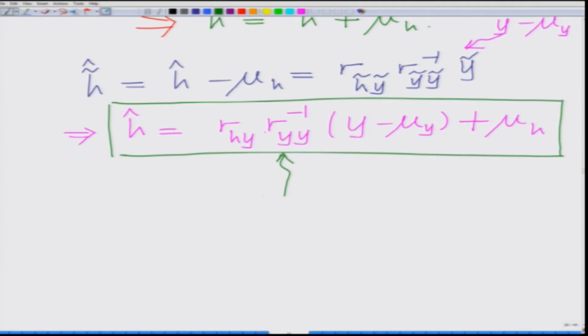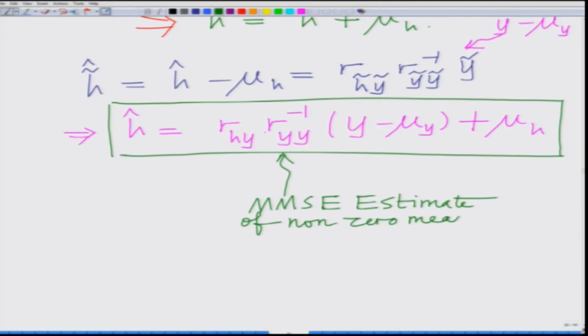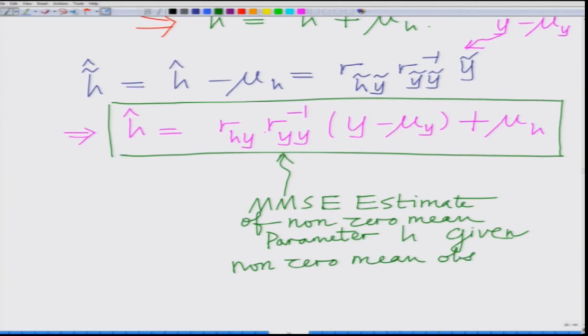This is the MMSE estimate of your non-zero mean parameter H given a non-zero mean observation y.